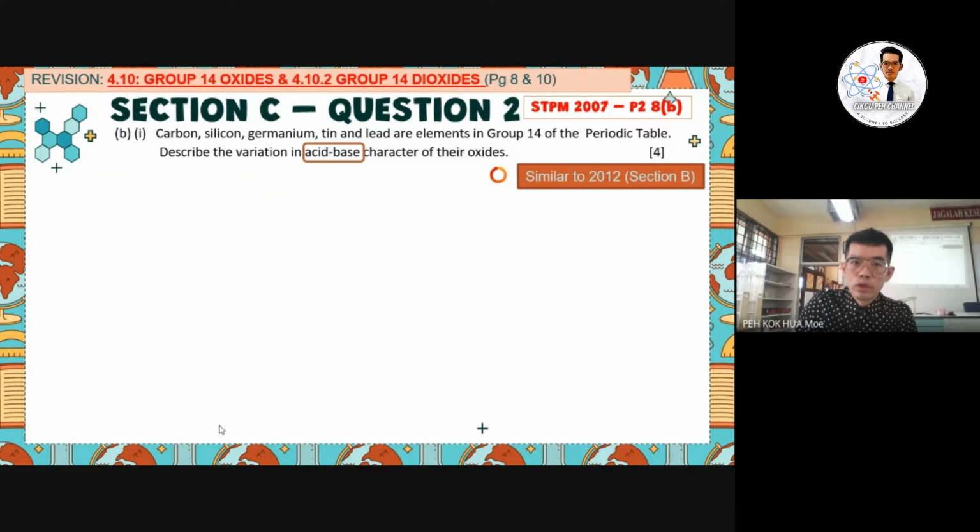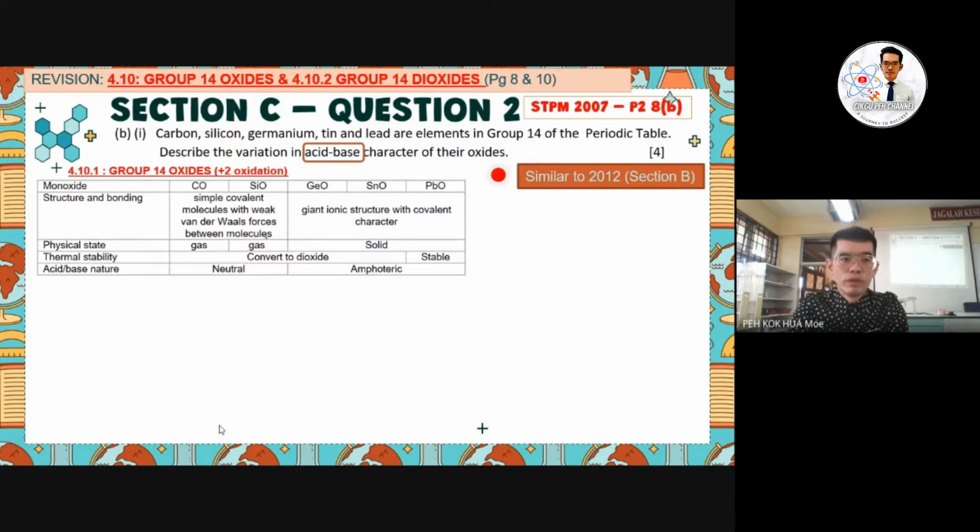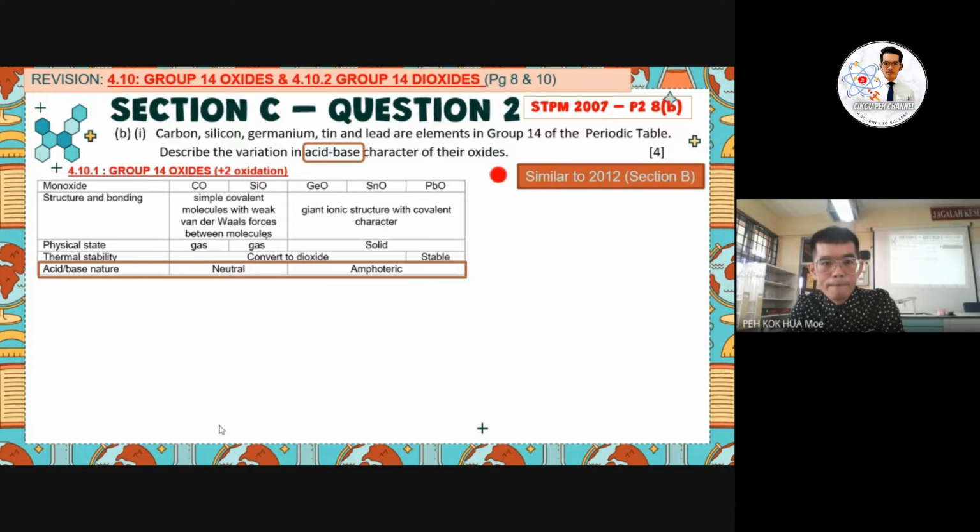So you can refer back to your notes, sections 4.10.1 and 10.2. The important information here is the table, where we will see the acid-base character only.